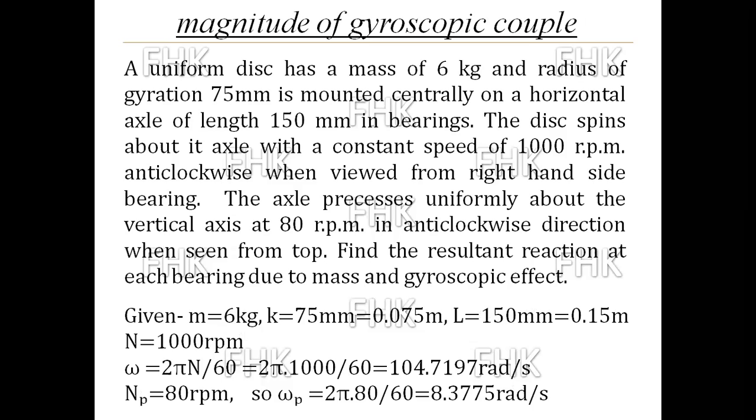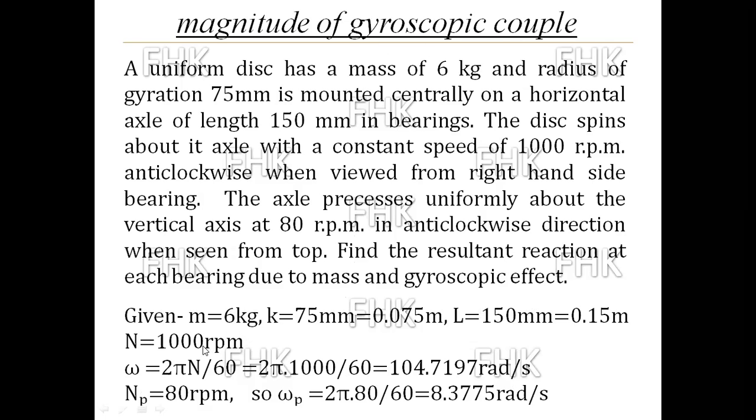The span between the two bearings, or the distance between them, is 150 mm, which in meter is 0.15 meter, obtained by dividing 150 by 1000.